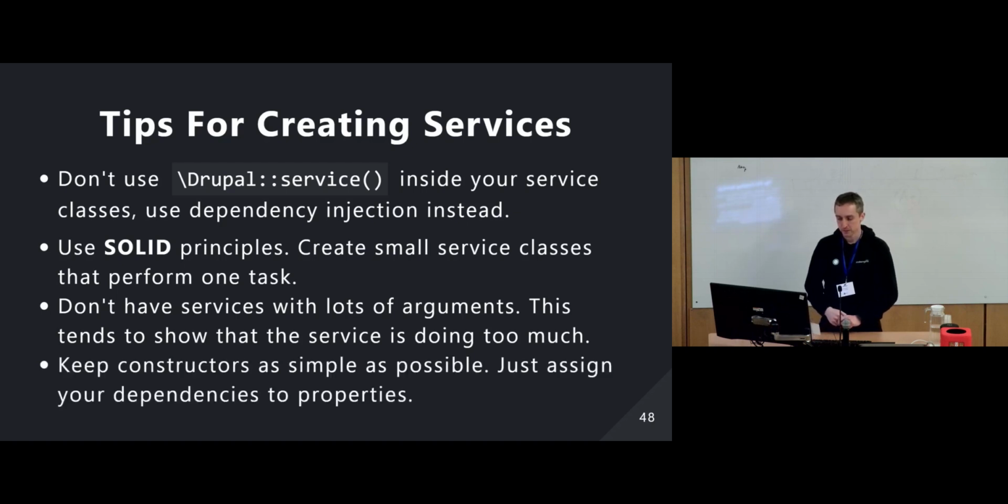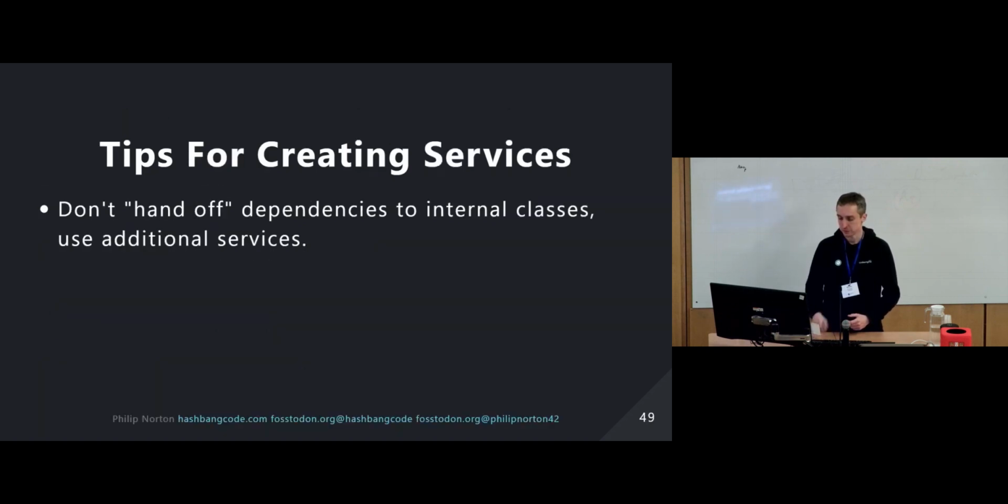And keep constructors as simple as possible. I use the property promotion stuff to keep them as single-line constructors. Just assign your dependencies to properties. Don't have services that just hand off their dependencies to other things. Each service should have the services it needs to do the job it needs to do.